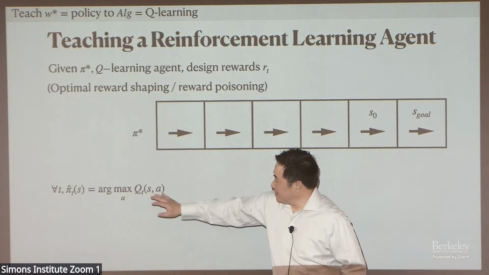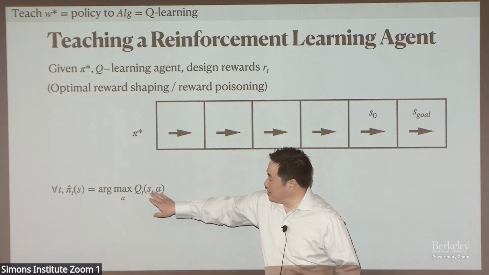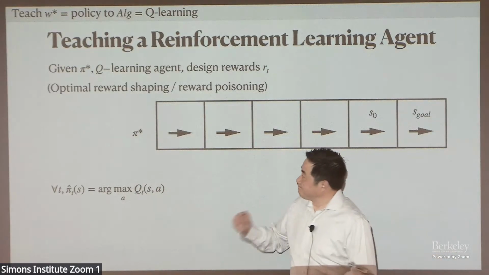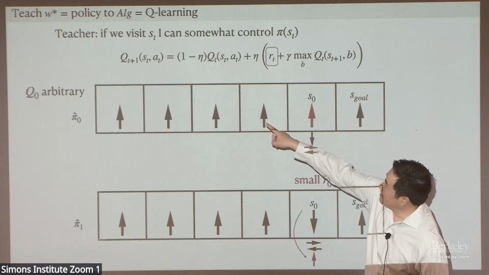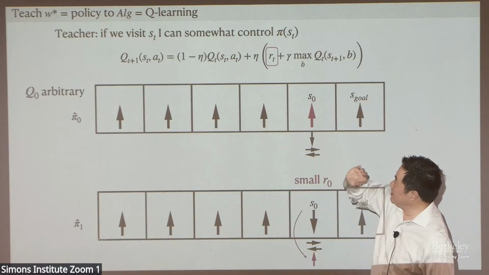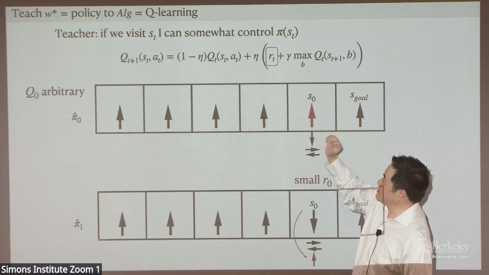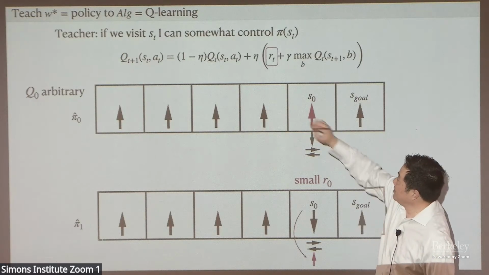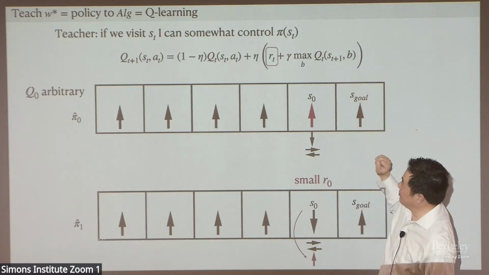Q-learning basically maintains a Q table for each (s, a), and it's going to update that (s, a) entry if it is at s_t and it performs action a_t, such as going up, by this really messy equation.